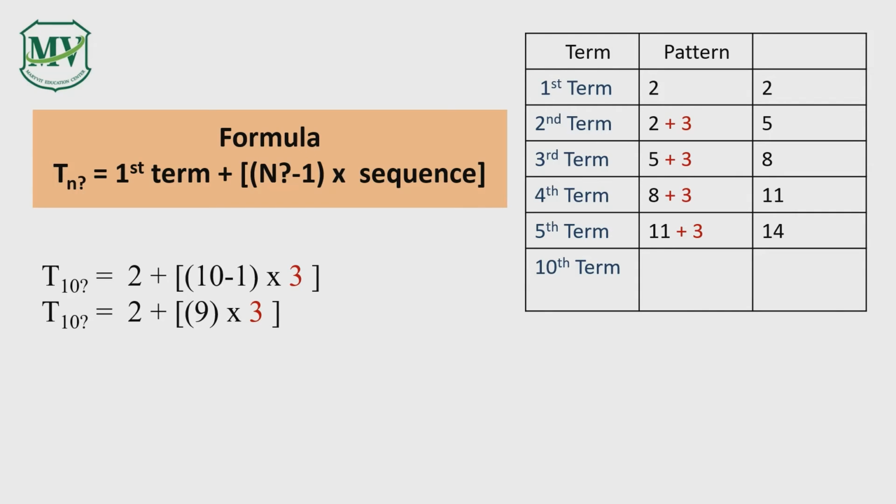So we are going to solve first the multiplication, which is 9 times 3. 9 times 3 is equivalent to 27. Copy 2 plus 27. Next, let's solve the addition. 2 plus 27 is equivalent to 29. So our 10th term is equivalent to 29.